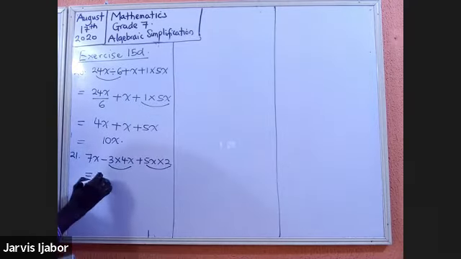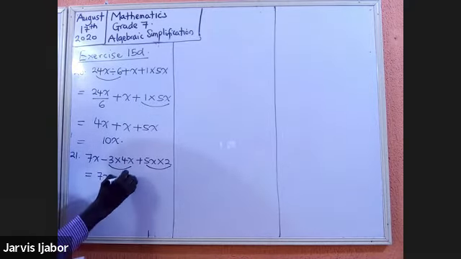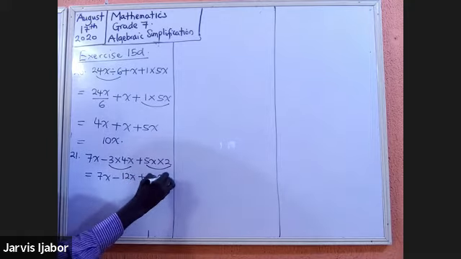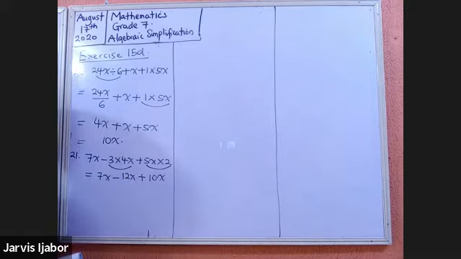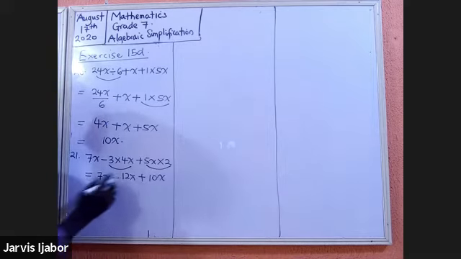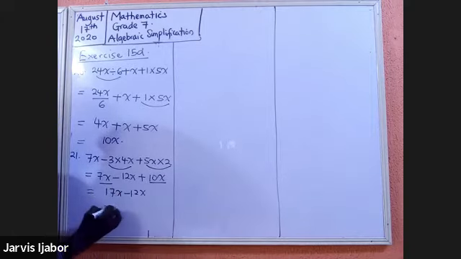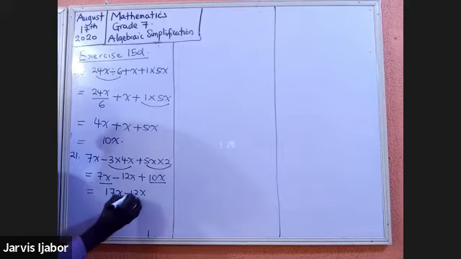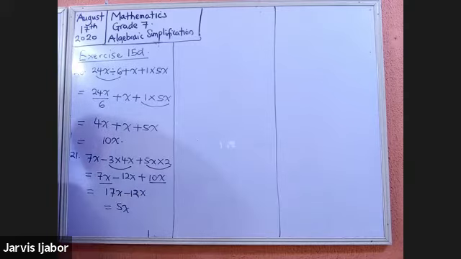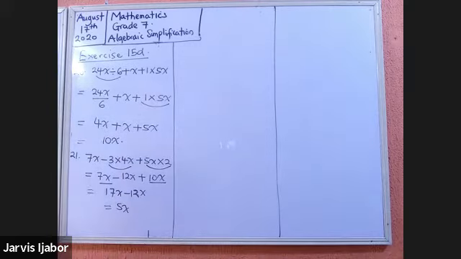So that will be 7x minus 12x plus 10x. Are we together? Now remember what we said. This minus this is not possible. So what do you do? You add up the positives first. That will give me 17x minus 12x. That will give me what? 5x as my final answer. Right, that's for question 21.